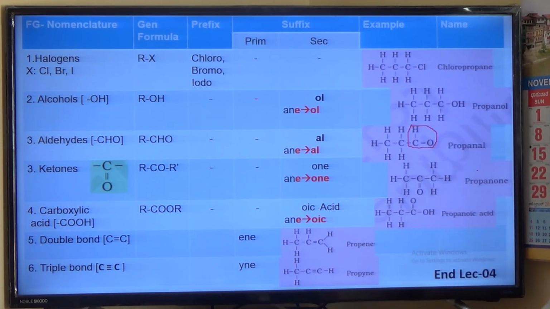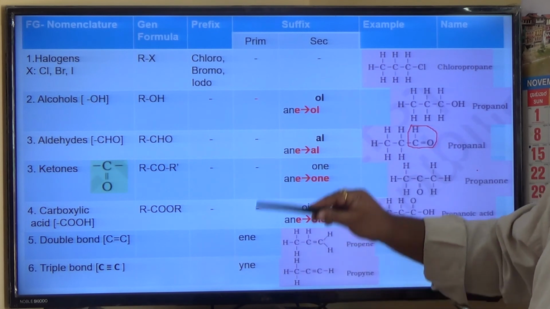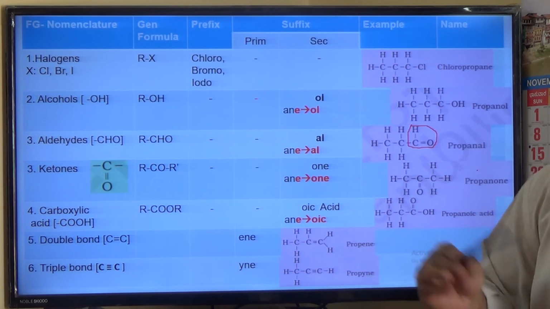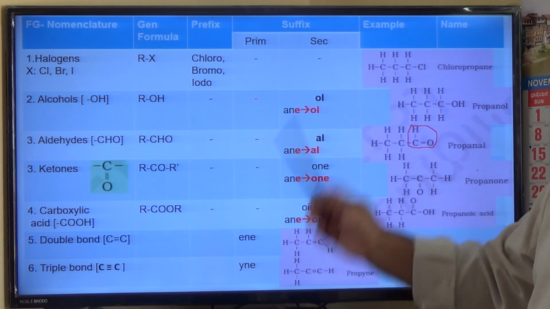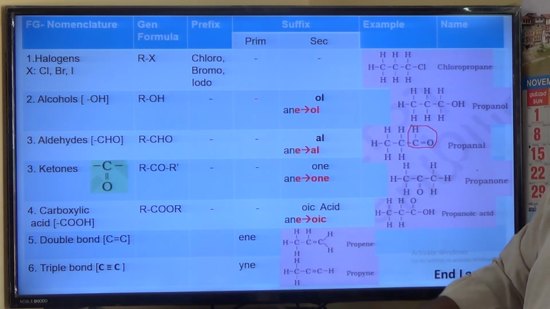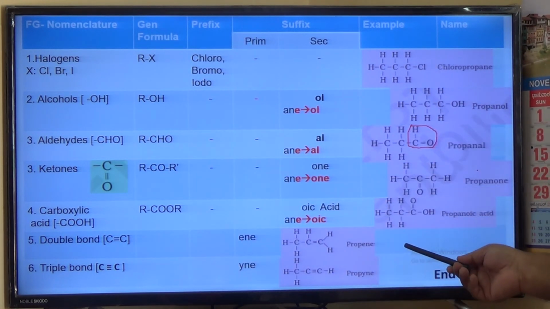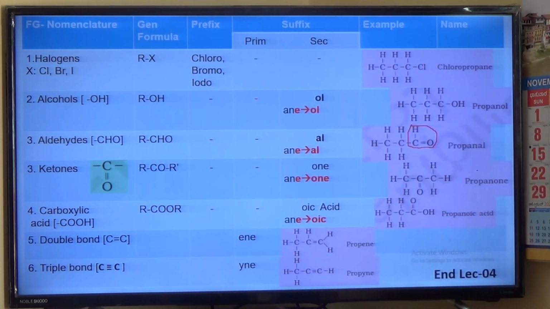Now what I will do here is take methane, the first alkane, and try to attach some of these functional groups and see how to read them. First I'll take methane and try to attach these functional groups. Then I'll take ethane and try to attach these functional groups. Propane, we have already taken as the base hydrocarbon, and we attached all these functional groups and read the nomenclature, isn't it?